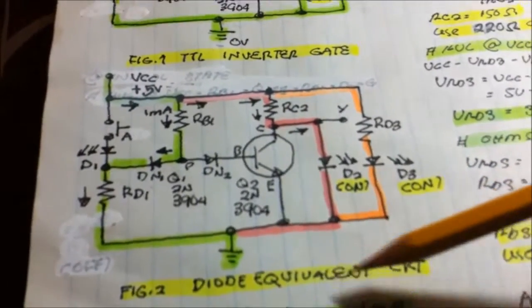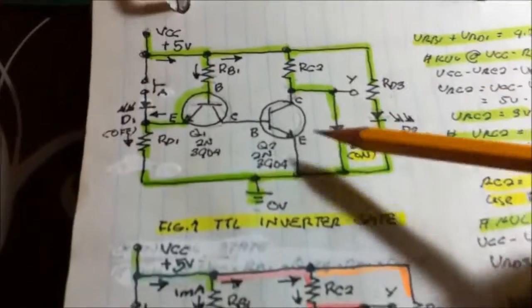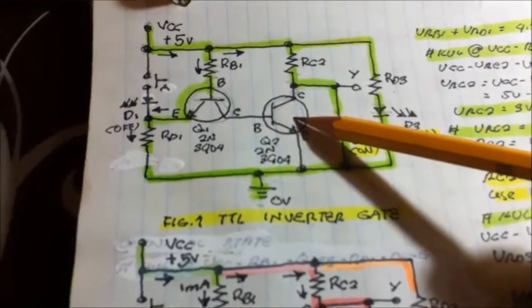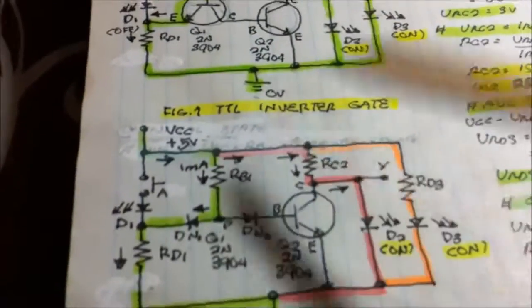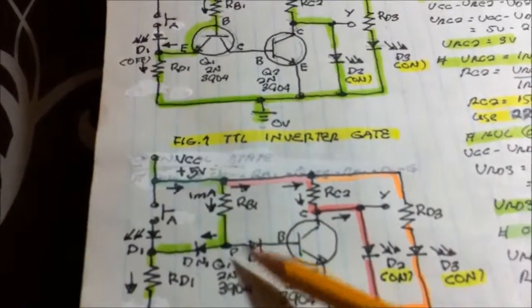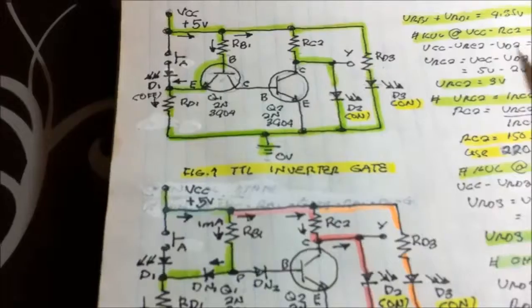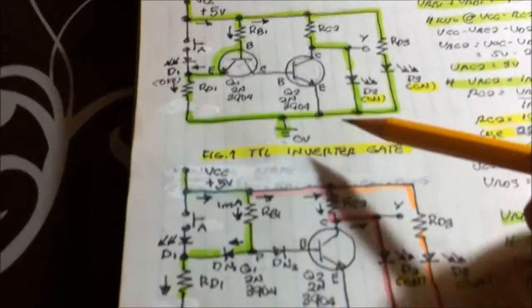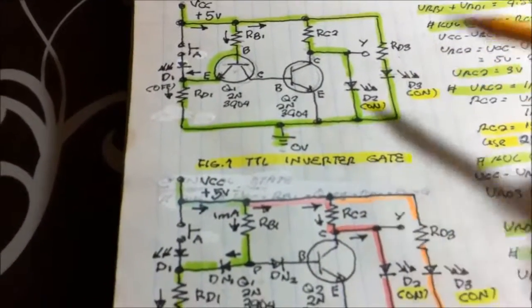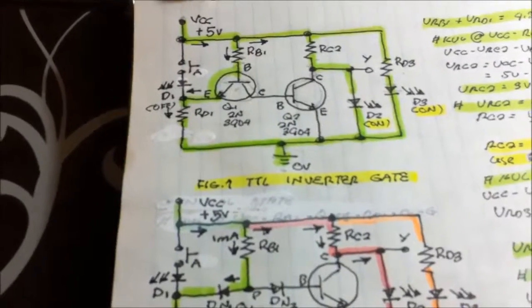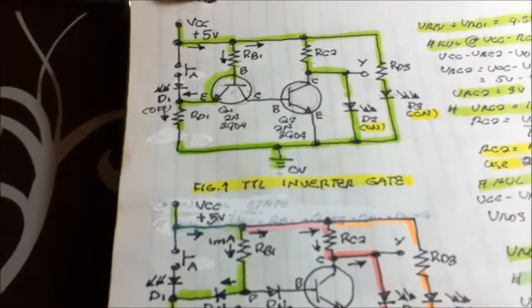This is a diode equivalent circuit of this first figure. Why did I use this equivalent circuit? Because we're going to use this transistor which acting like a diode or a diode function of the transistor.